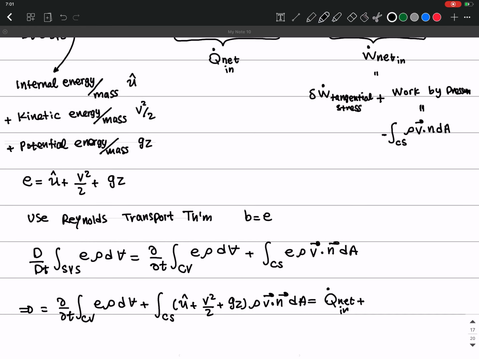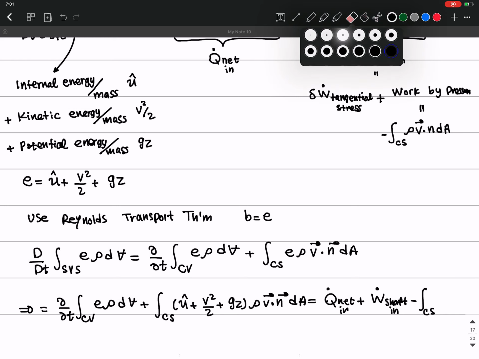plus, for this one, I can write this delta W dot tangential stress. I can just write it plus W dot of shaft in and then the work done by the pressure is going to be minus integral over the control surface of, this was P. I think I wrote it incorrectly. This is going to be the work by the pressure. So let me fix this.